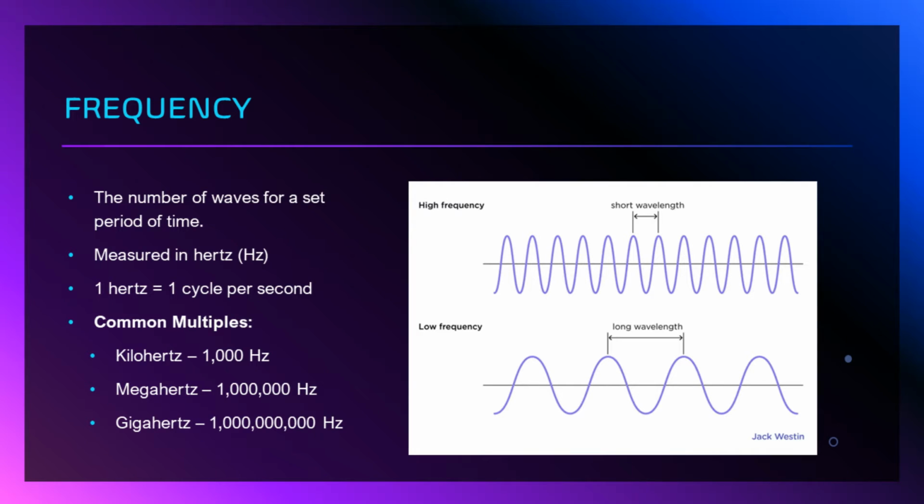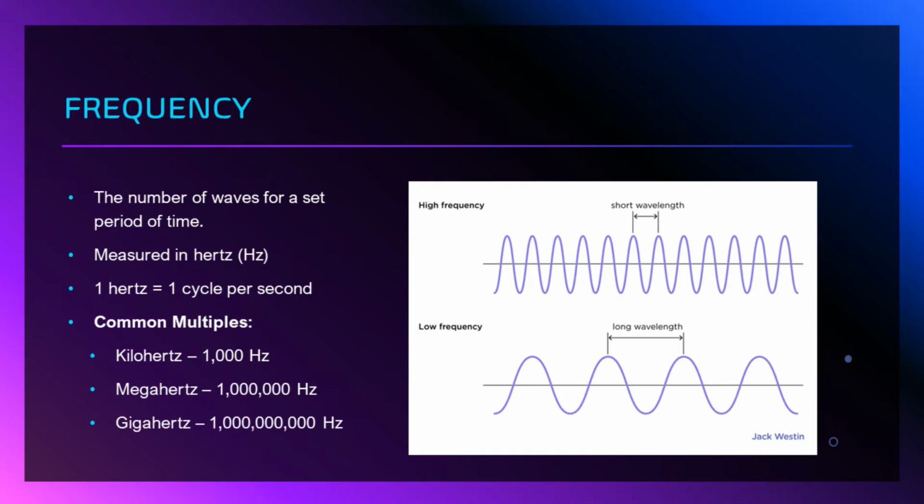So let's get into frequency. The frequency is the number of waves for a set period of time. So you have to have a period of time here to actually measure your frequency. Like I said, it's measured in hertz, Hz, and 1 hertz is 1 cycle per second. You'll commonly see them in multiples of 1,000, a million, or a billion, and these are your kilohertz, megahertz, and gigahertz frequencies. With sub-gigahertz frequency, the thing we're going to be focusing on in this video, it's mainly going to refer to anything that's under a gigahertz range.